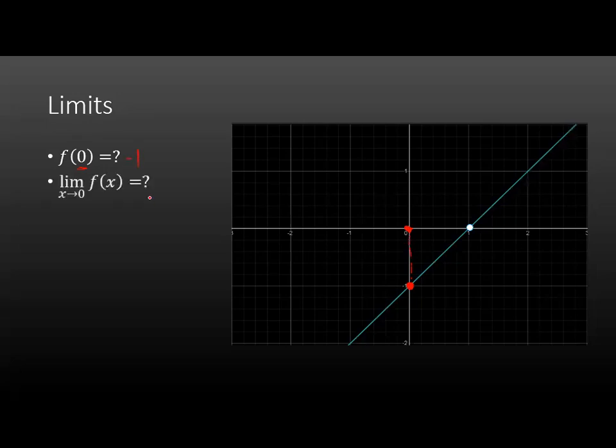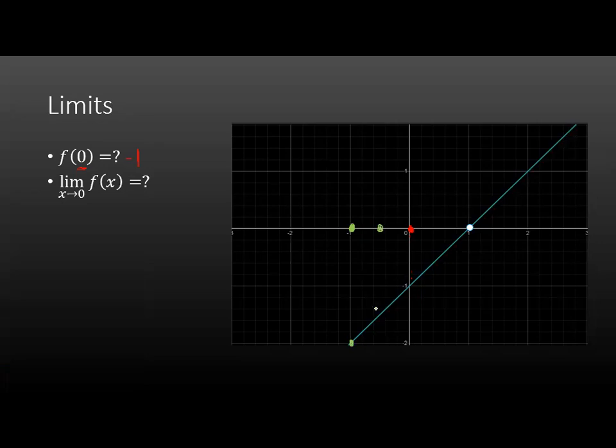Now, how about the limit of the function as x approaches 0? So here's 0. Let's start from the left. Going toward 0, we start at this value, which is -2. Let's get closer to 0.